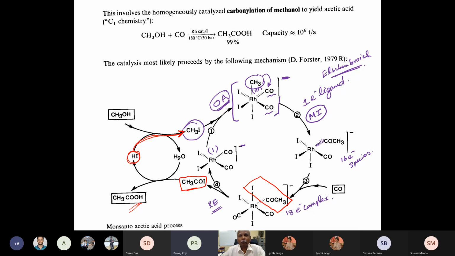So, the reductive elimination step. Yeah, what about it? We need a vacant site, a ligand dissociation, then reductive elimination. Yeah.